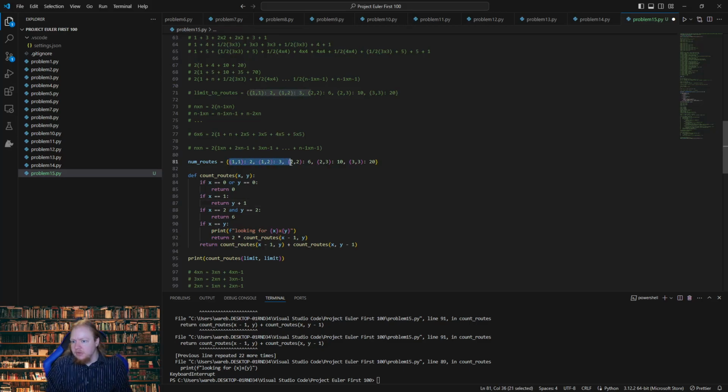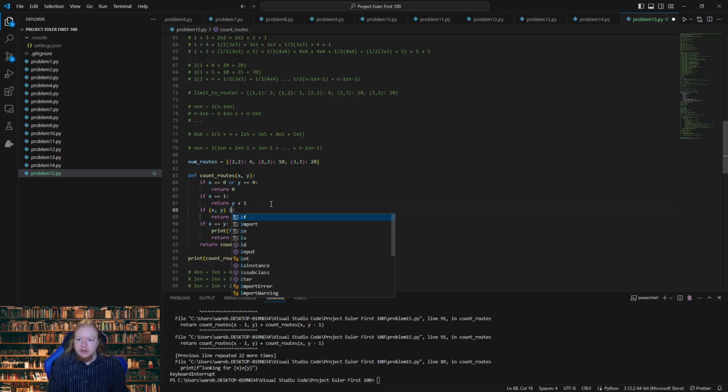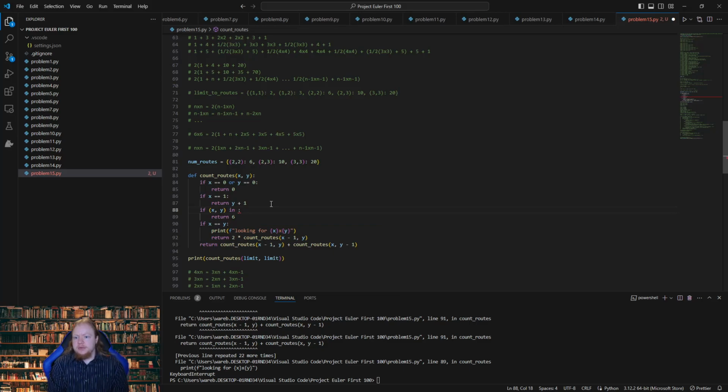I'm actually going to delete these first two so that we can keep our special formula for x equals 1. So if x, y in num routes, you want to return num routes for x, y.